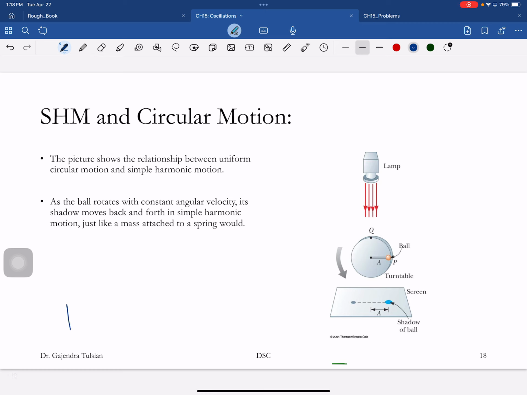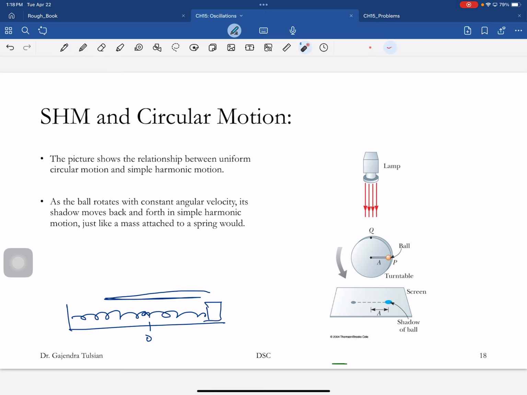All right, so we are studying simple harmonic motion. There's the equilibrium position, there's the mass. You let go, it'll oscillate back and forth. Now we'll look at a different kind of motion, a uniform circular motion.